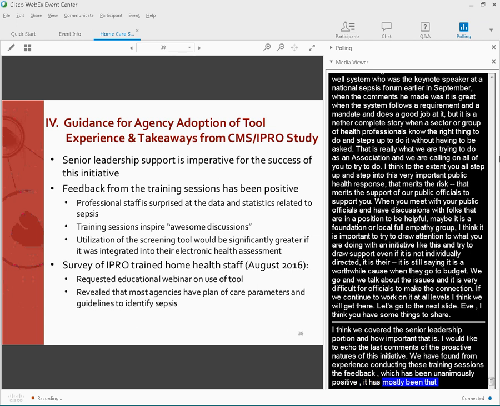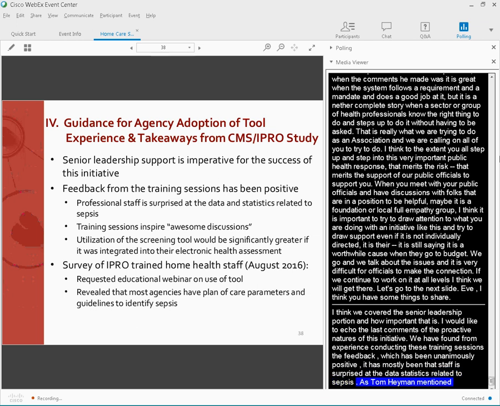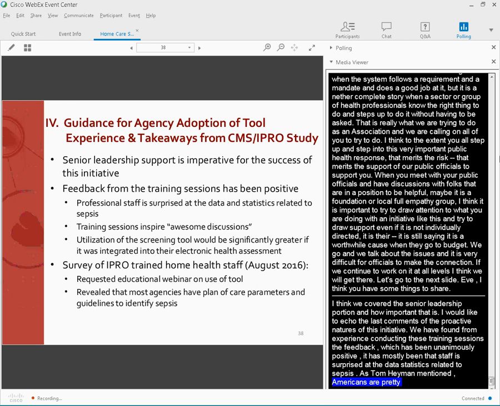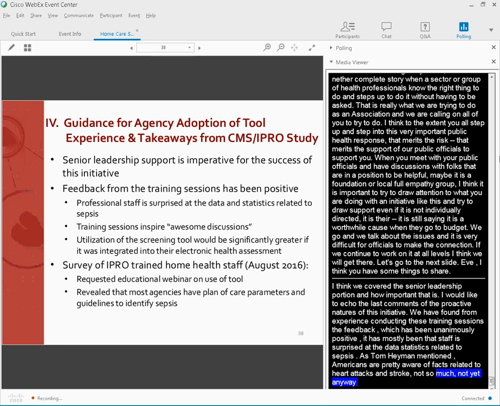As Tom Heymann mentioned, Americans are pretty aware of stats related to heart attacks and stroke, but not yet anyways that familiar with those related to sepsis.